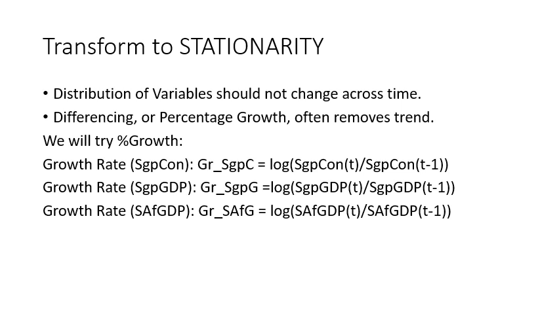So in this example, I will try the percentage growth. And the percentage growth is defined as the log of the current observation divided by the previous observation. And we have discussed this growth rate variable in earlier lectures. So I detrend all three variables, the consumption, the GDP of Singapore, and also the GDP of South Africa by this what's called data transformation.